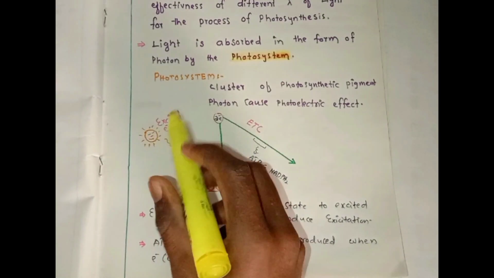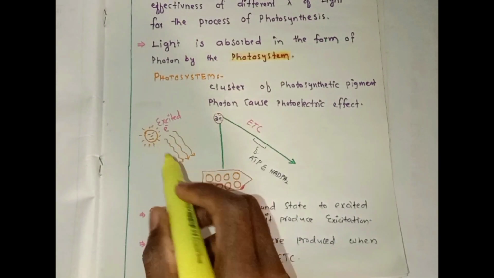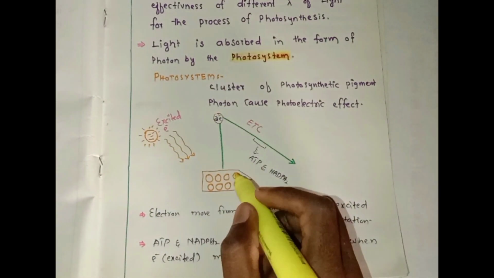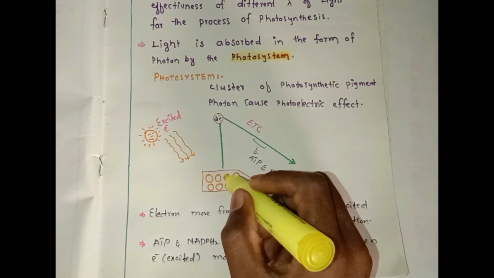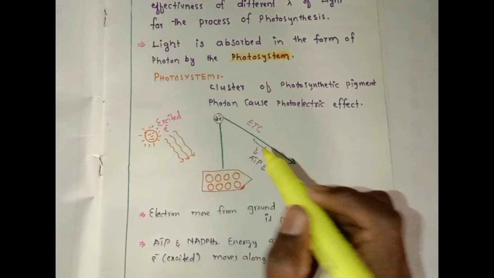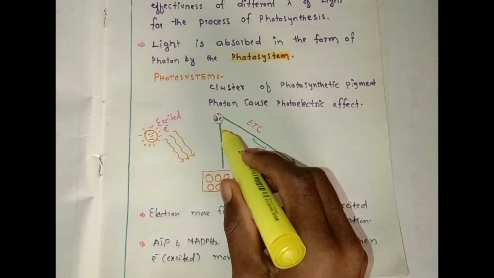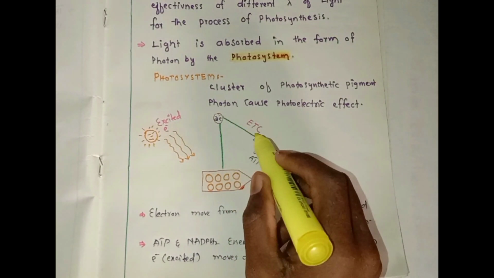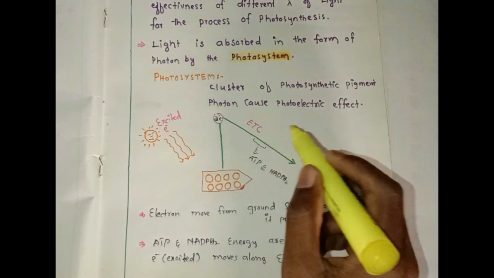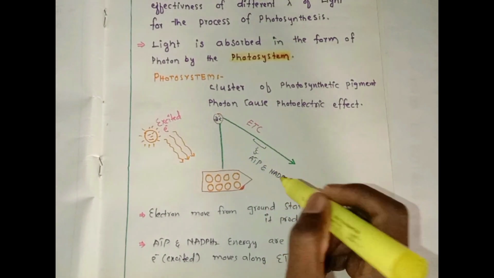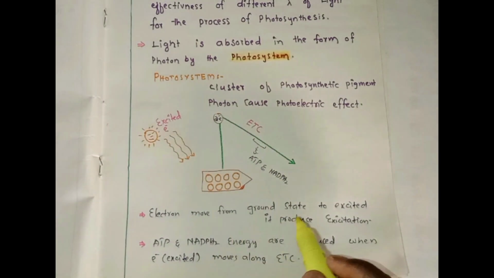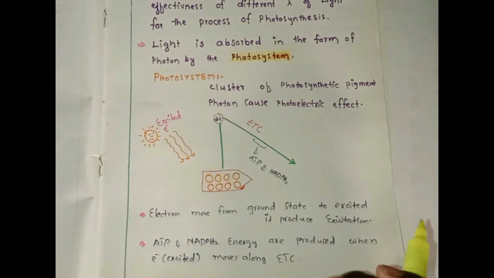Here it is the sun. When light falls on the photosynthetic pigment, the electron goes from the ground state to the excited state, and from this excited state it is transferred through the electron transport chain. Here ATP and NADPH are formed.